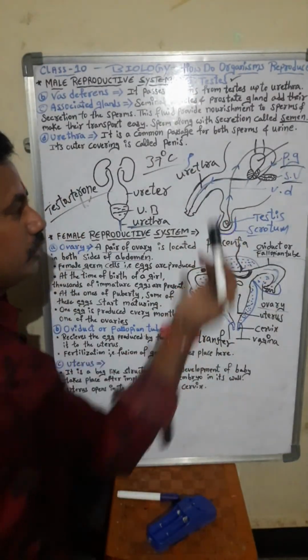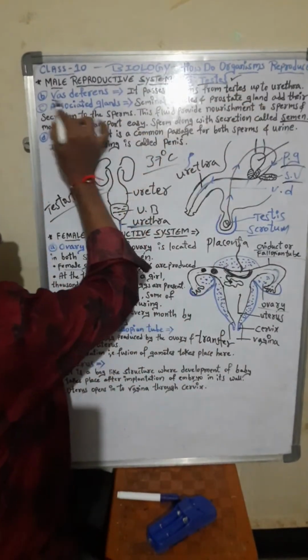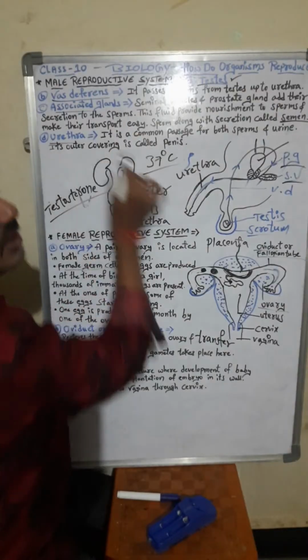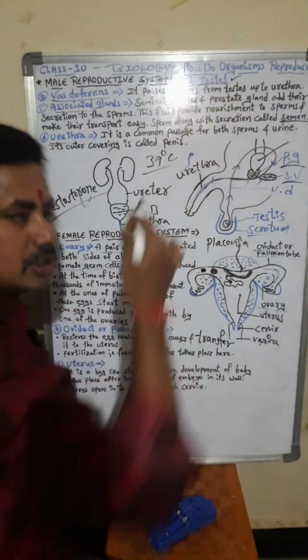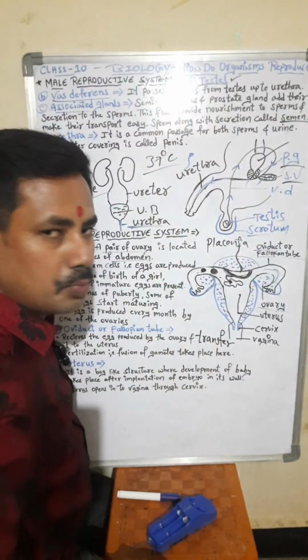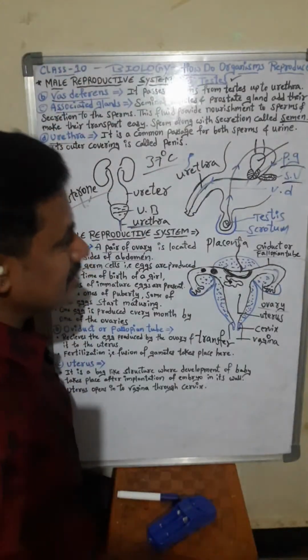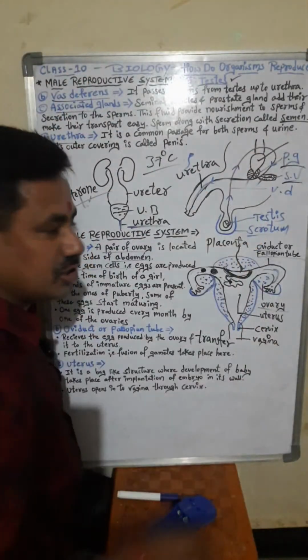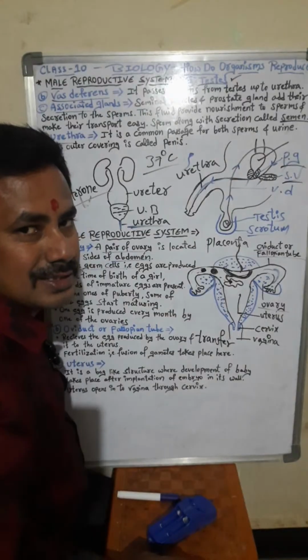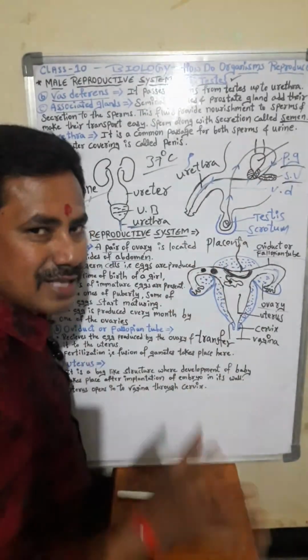In the male reproductive system, you have to remember only four main things: testis, vas deferens, associated glands, urethra. In the testis, the sperms are produced and the testosterone hormone is released. The next one is the vas deferens, a pipe-like structure through which sperm will pass, and two glands are connected to this vas deferens.